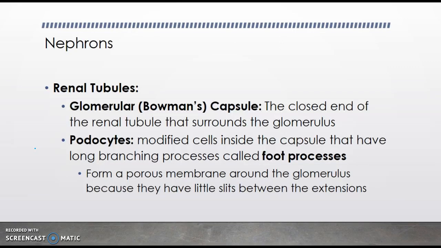And inside the Bowman's capsule, you have what's called podocytes. These are really cool cells that have really long branching processes, and this allows the glomerulus to push all the solutes out into the renal tubule.